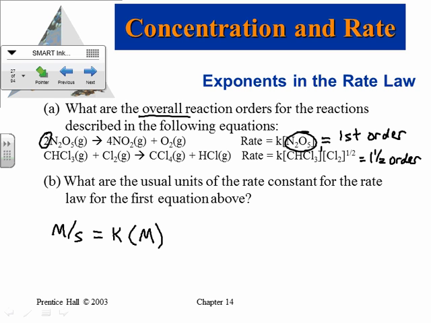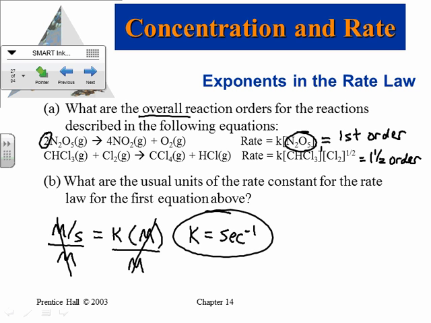We're just thinking about the units right now. So if I solve for k here, dividing both sides by the molarity, then my k is going to equal, notice these cancel out, seconds to the -1. That's going to be my unit for k for a first order reaction.